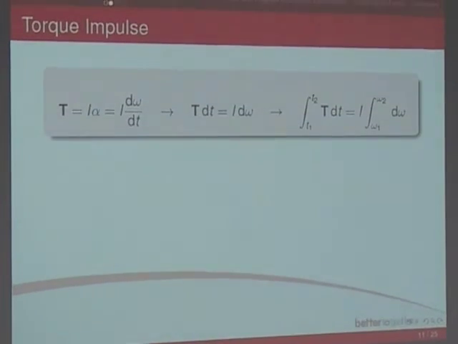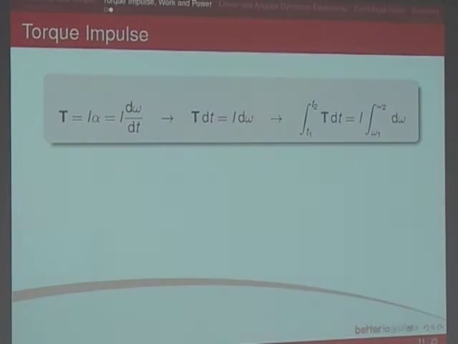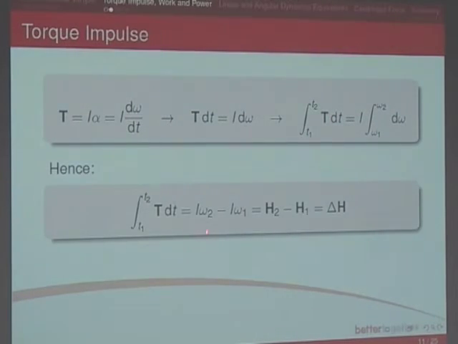You also remember that the torque is I alpha. Okay, if we replace alpha with d omega over dt, we get T times dt equals I times d omega. And so we can integrate both those sides, and we end up getting the torque impulse is going to be the change in angular momentum.